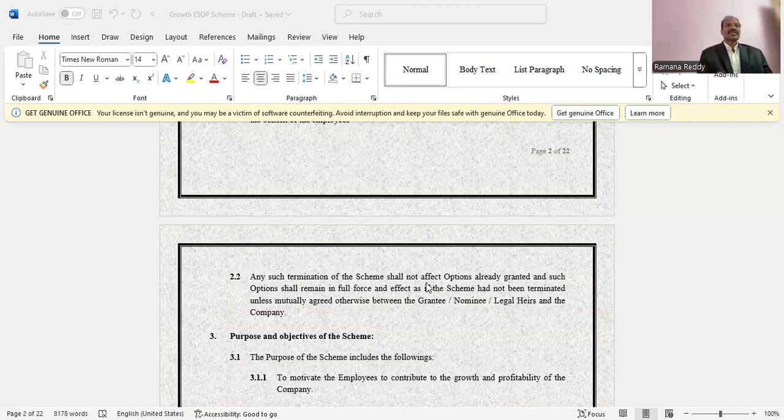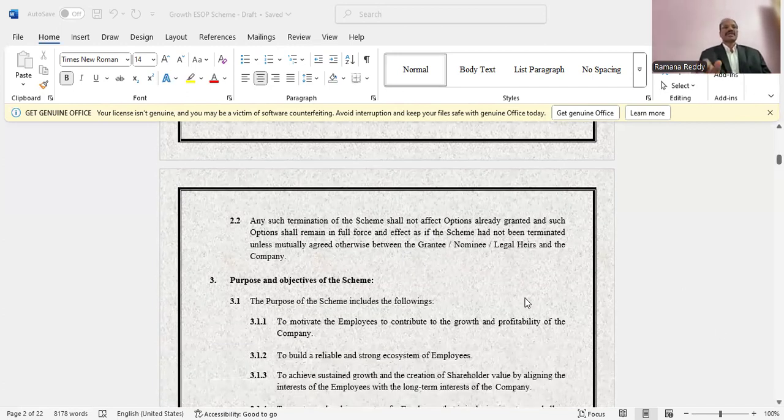Any such termination of the scheme shall not affect the options already granted, and such options shall remain in full force and effect as if the scheme had not been terminated, unless mutually agreed otherwise between the grantee, nominee or legal heirs and the company. So it means that any such termination shall not affect the options already available with the employees.